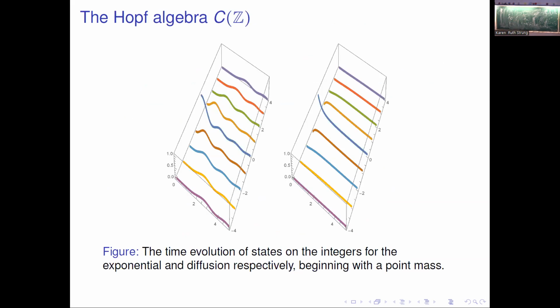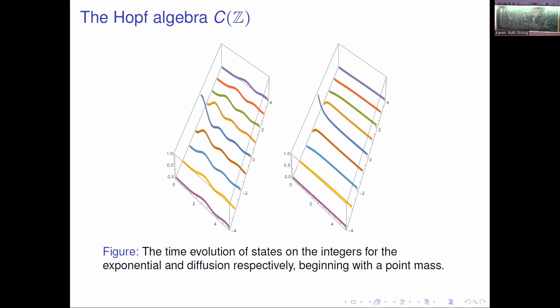Well, let's take the Hopf algebra of functions on Z. Now, this will have a finite difference calculus. To keep it a star calculus, we'll have a move left one and a move right one element, and you insist that that's real, and you start it off at 0, and you get, well, the two things here, and they're surprisingly different.